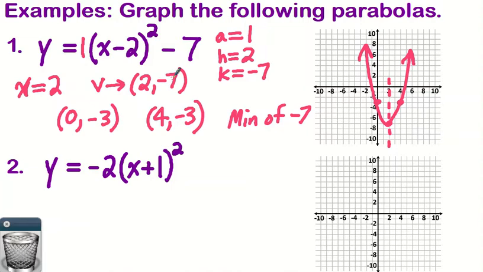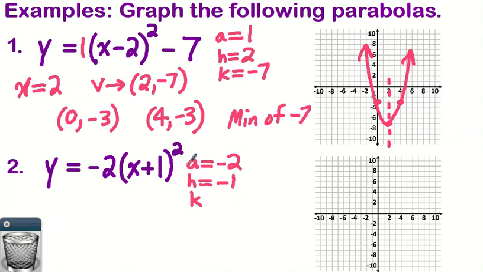So looking here, it looks like this is also in vertex form, yay. And so my a value is going to be negative 2, which is going to mean an upside down parabola. My h value is right here. It's actually negative 1. And my k value, wouldn't that be right here, plus something? Well, there wasn't a plus something.